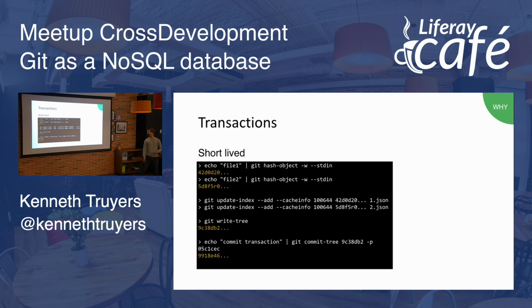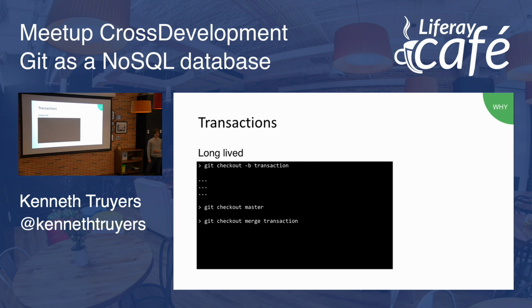Now what SQL doesn't have is long-lived transactions. And when I say long-lived, I mean a week, for example. So you want to make some changes in your system, but you only get the information on Wednesday, but you start on Monday with already preparing it, and you don't really want all of that to go live before you've actually done everything.